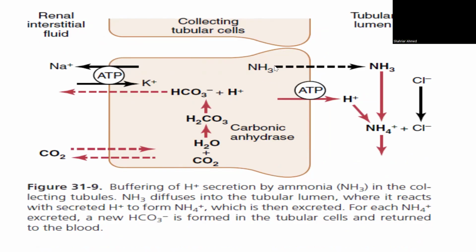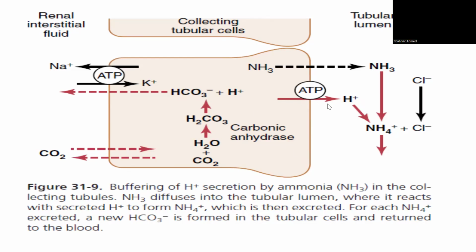The other is ammonia, which is also produced from glutamine. This ammonia directly diffuses from the tubular cell to the lumen, and this ammonia binds with hydrogen ion and forms ammonium, which combines with chloride to form ammonium chloride.